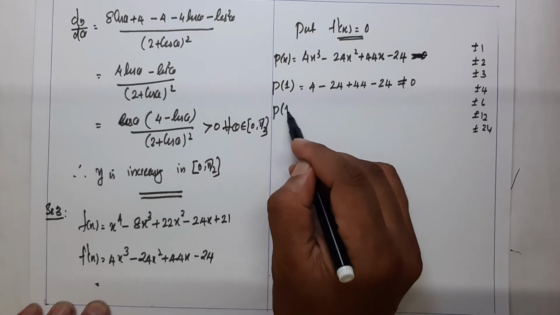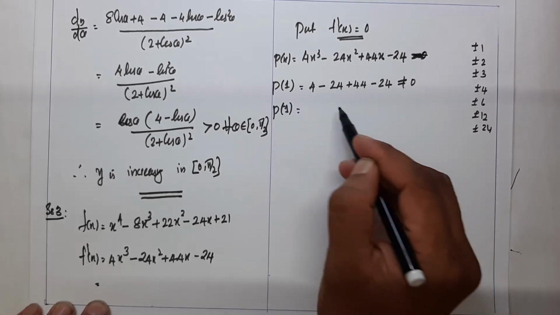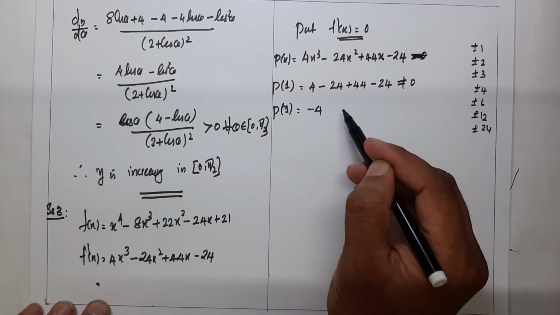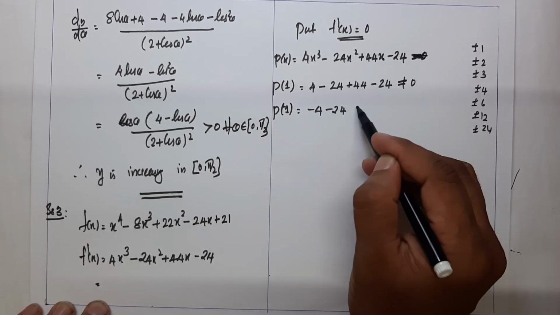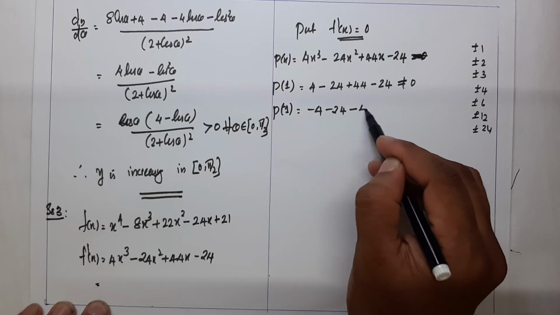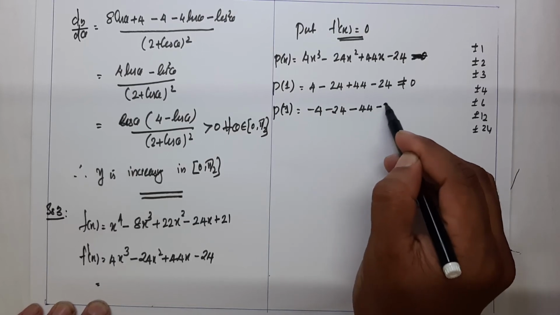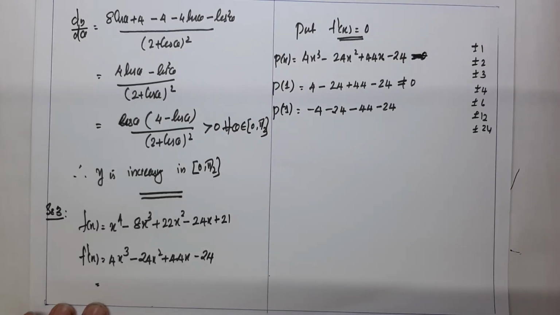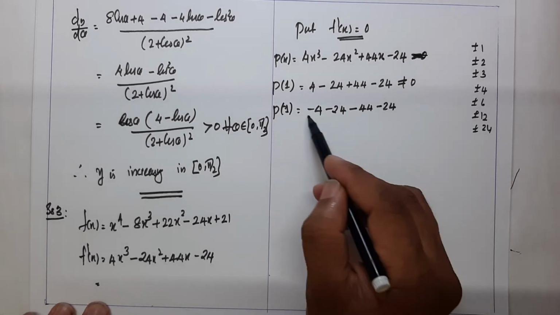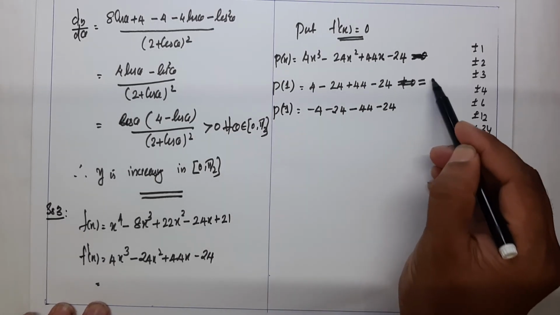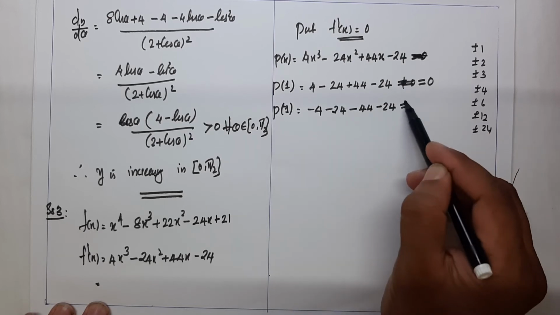Next we put x is equal to minus 1. Actually, sorry, it's actually equal to 0.